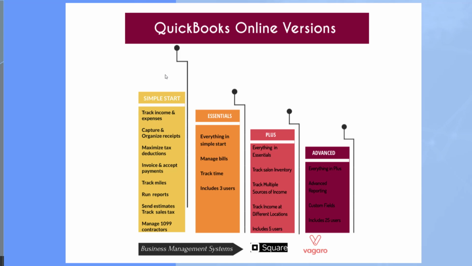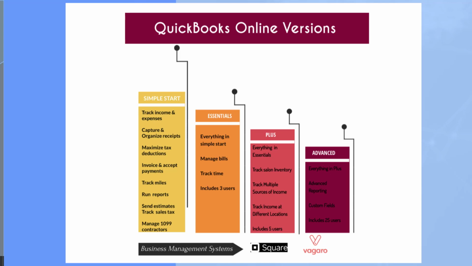So without going into too much detail about QuickBooks Online, I'll just tell you this. If you have multiple streams of income, as I mentioned earlier, then you would want to go with the QuickBooks Online Plus version. If you want to use QuickBooks Online to track your inventory, so if you sell retail and you want to use QuickBooks Online to track your retail, then you would also need to go with the Plus version.